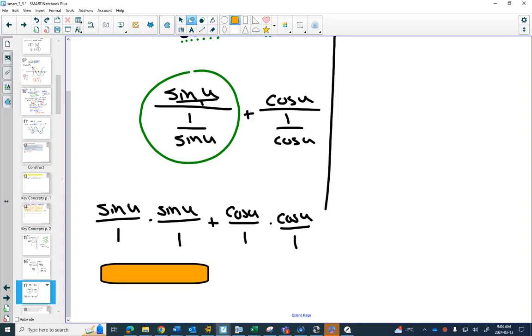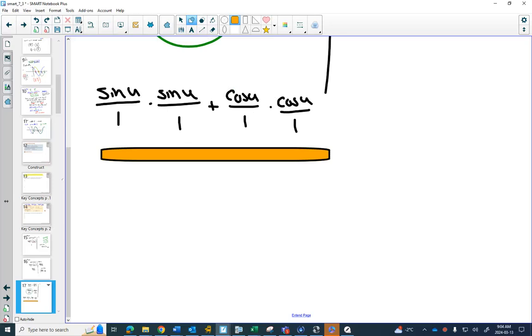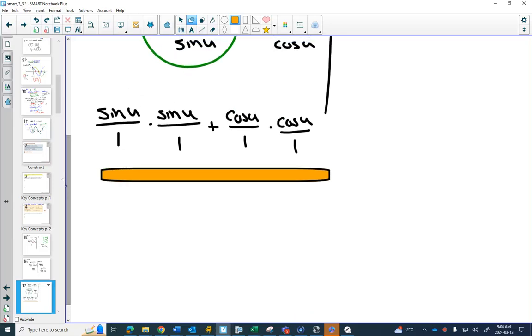Think about adding a little space there. How do we multiply fractions? Multiply the tops, multiply the bottoms. Sine times sine will be sine squared. And remember, notation-wise, we always write the squared in between sine and u. So that would be sine squared u, and this will be cos squared u.